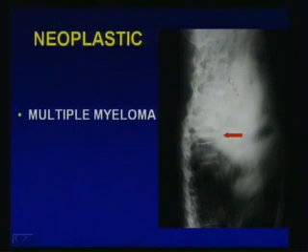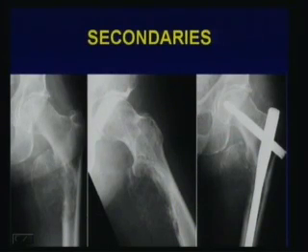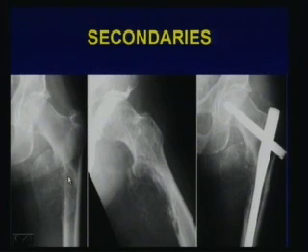And here we have an X-ray showing multiple vertebral involvement. And if you get the Bence-Jones proteins, electrophoresis of this patient, and a bone marrow biopsy, you may hit upon the diagnosis. And last but not the least, unknown primary can lead to secondary deposits, and proximal femur, proximal humerus are favored sites.